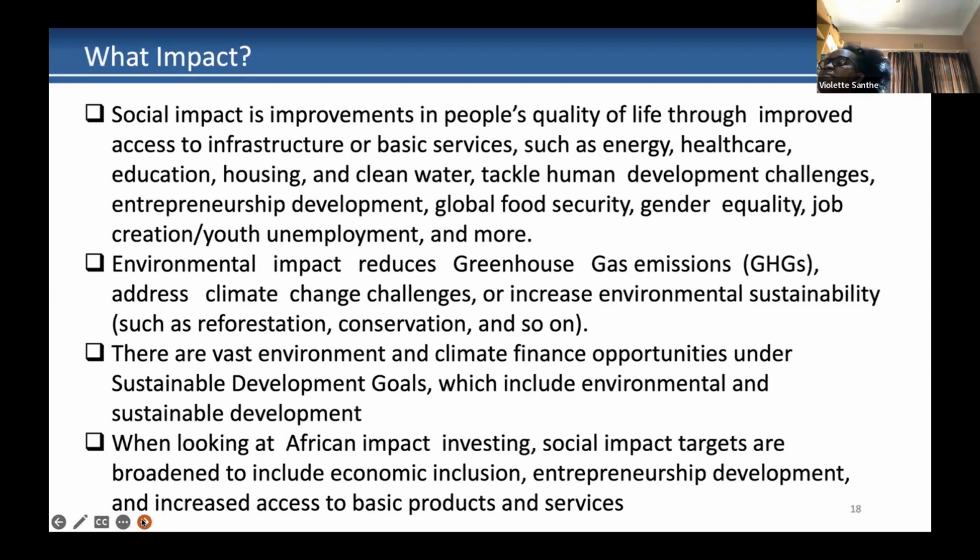So there are vast environmental and climate finance opportunities under the sustainable development goals, which include environmental and sustainable development. So when we are looking at African impact investing, social impact targets are broadened to include economic inclusion, entrepreneurship development, and increased access to basic products and services.